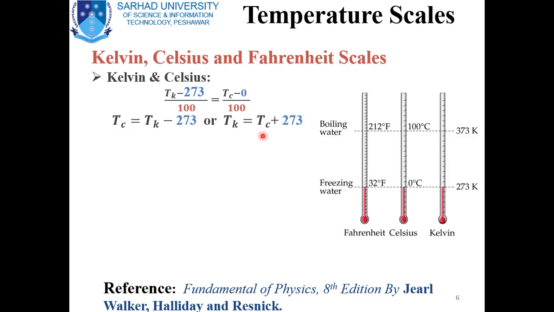Tc, which represents the temperature on the Celsius scale, is equal to Tk minus 273, or Tk is equal to Tc plus 273. Similarly, we can develop a relation between the Kelvin and Fahrenheit scales: Tk minus 273 divided by 100 is equal to Tf minus 32, which represents the freezing point of water on the Fahrenheit scale, divided by 180, the difference between the boiling point and freezing point of water in degrees Fahrenheit.